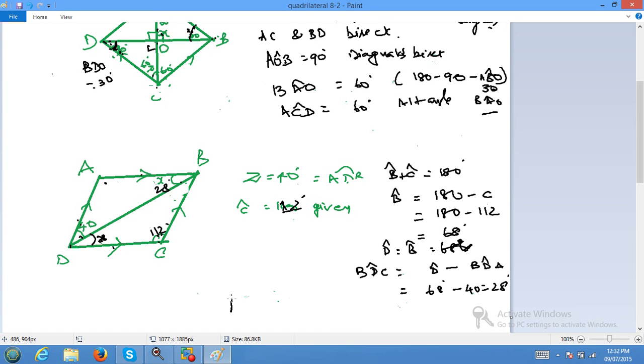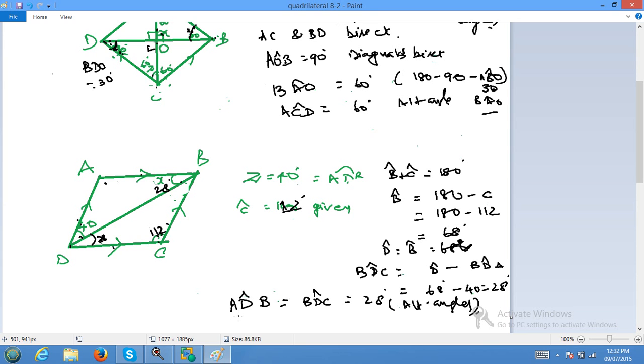Now angle ABD is equal to angle BDC is equal to 28 degrees, alternate angles. There is x. X is ABD.